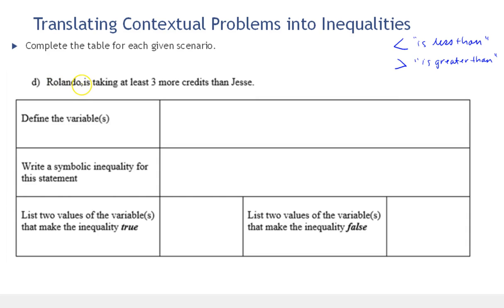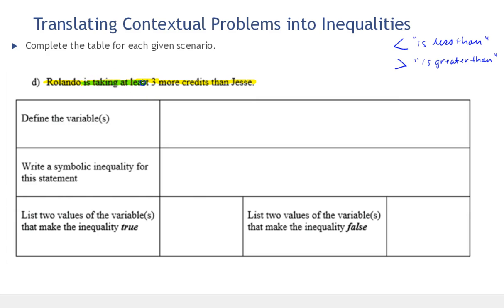Okay. Let's look at the next one. Rolando is taking at least 3 more credits than Jesse. So let's see where our connectives are here. So here we have "is taking," and I was thinking that was our connective, because I saw the "is." But now I'm looking at the "at least."